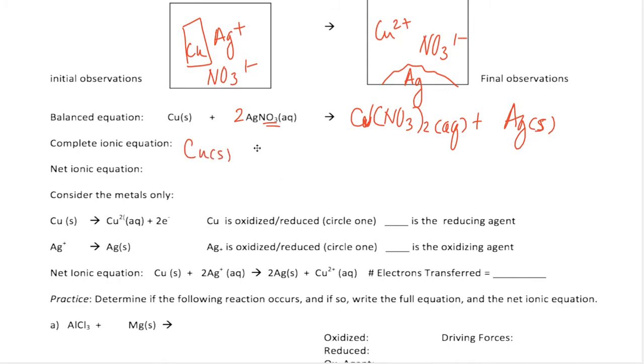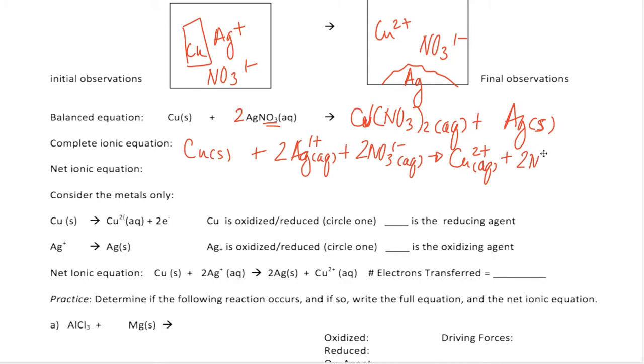Cu solid plus 2 silver 1 plus aqueous, plus 2 nitrate 1 minus aqueous, gives you copper 2 plus aqueous plus 2 nitrate 1 minus aqueous plus silver solid. Okay, like that.